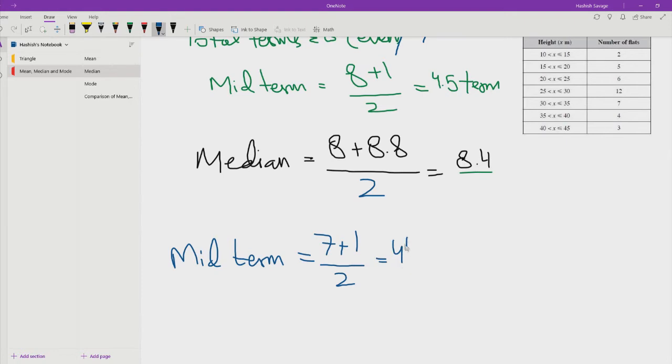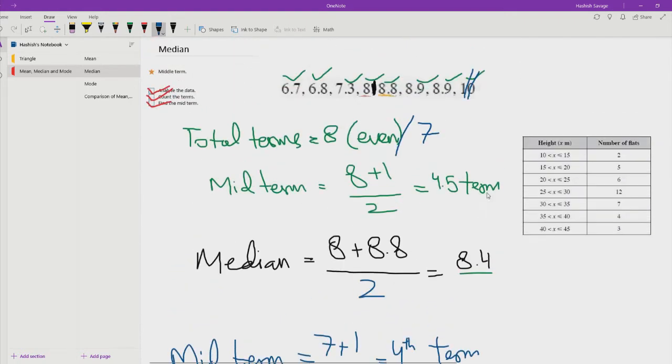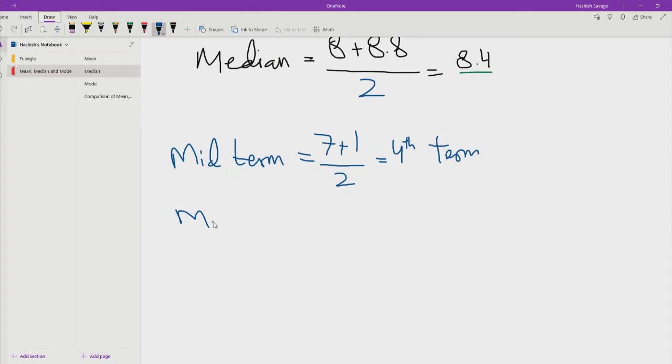It means the fourth term. So what is the fourth term? 1, 2, 3, 4. So in this case, your median is equal to 8.